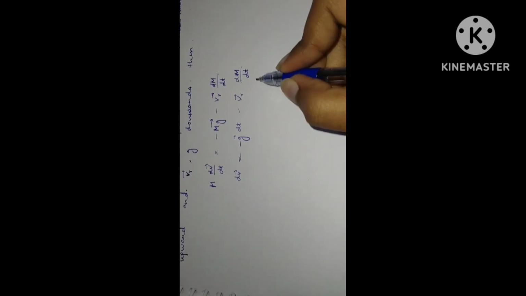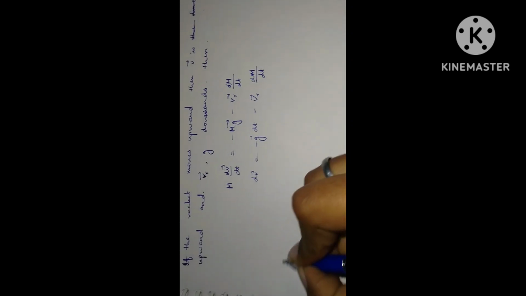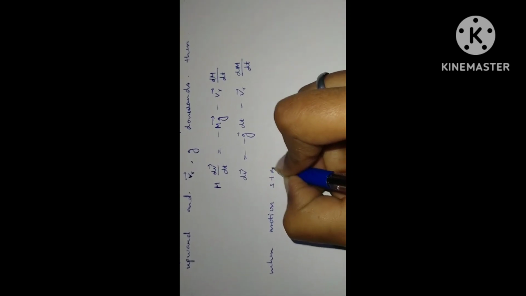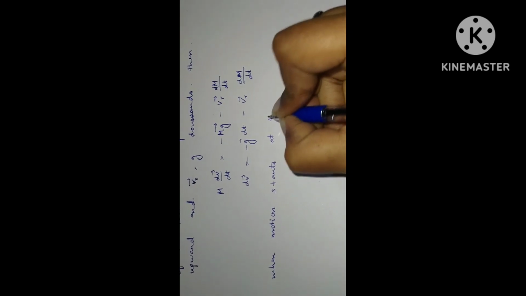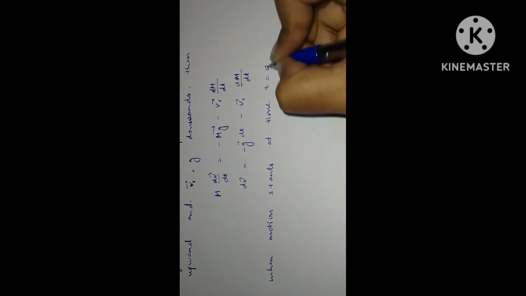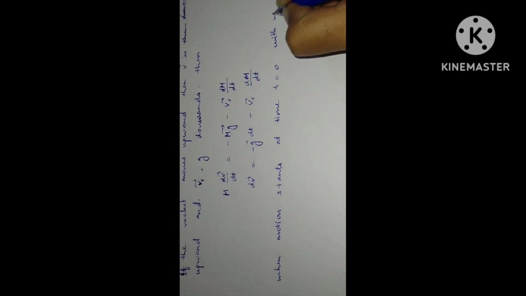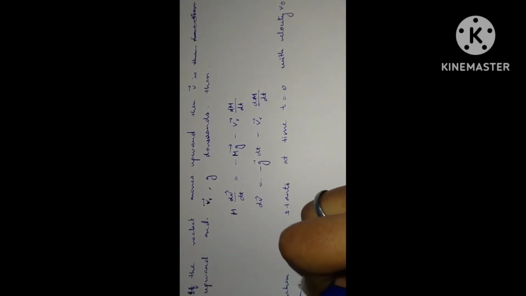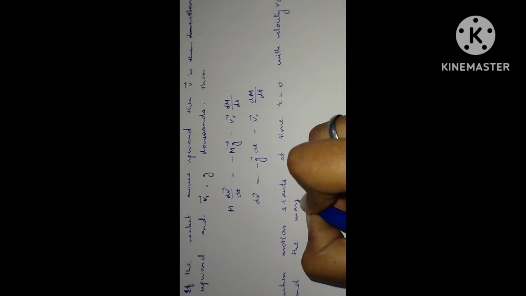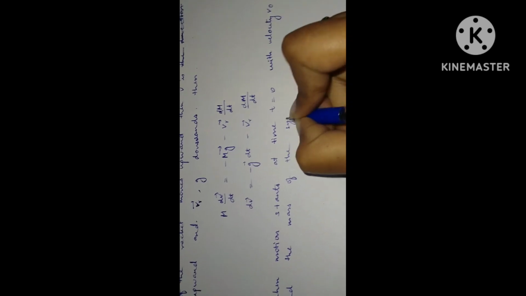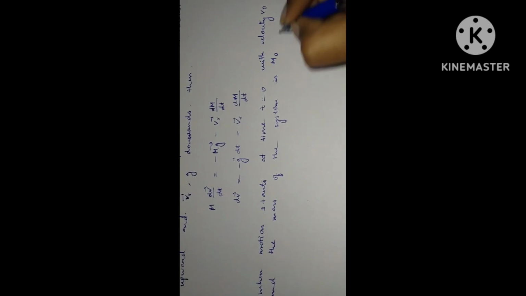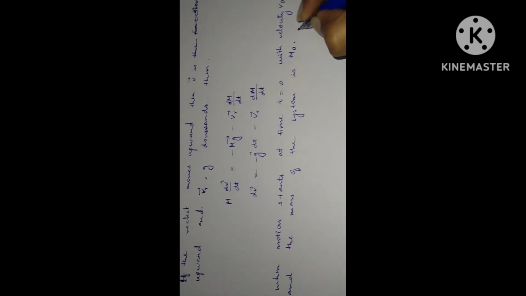Now integrating this, when the motion starts at time t equals 0 with velocity v naught and the mass of the system is m naught, up to an arbitrary time t.